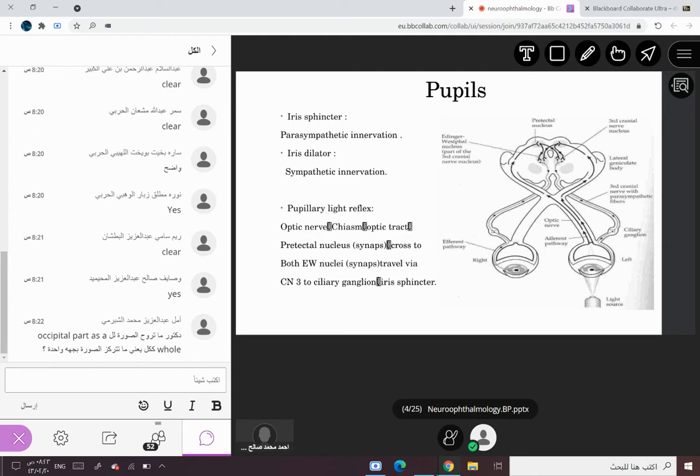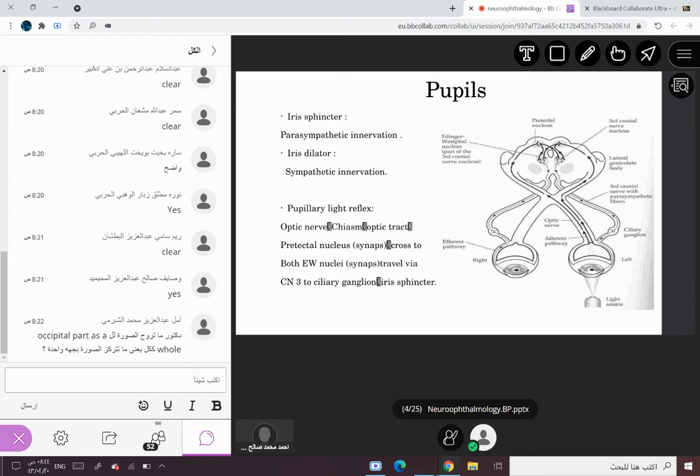And I wish that you all trained on direct ophthalmoscopy, and on how to use it and what the uses of direct ophthalmoscopy are, because this is very important for your later study. It's not only in the ophthalmology course, but in your later study, those who will go to internal medicine and neurology, and those in acute medicine and ER, they have to know how to use the direct ophthalmoscope.